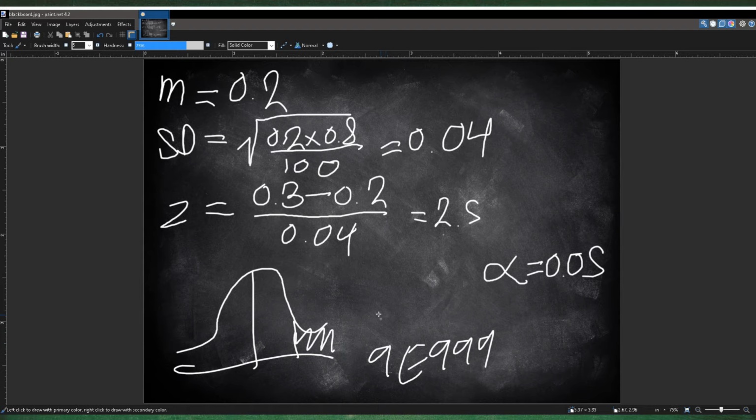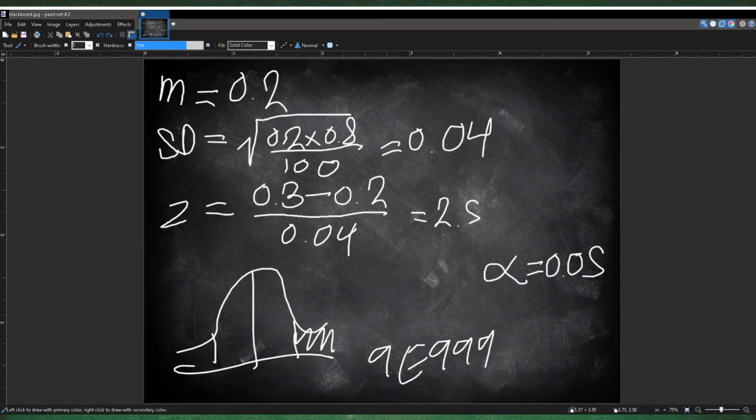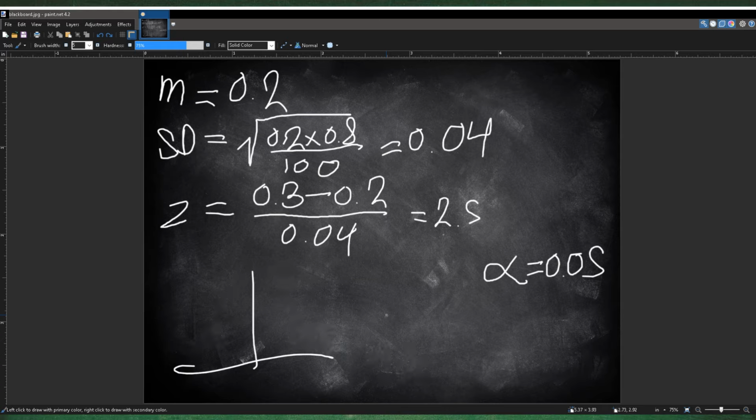And if you want to find a lower number, you put negative 9E999 in the lower bound and then type in the upper bound. In this case, the null hypothesis is that p is equal to 0.2, and we want a number that's greater than that amount.